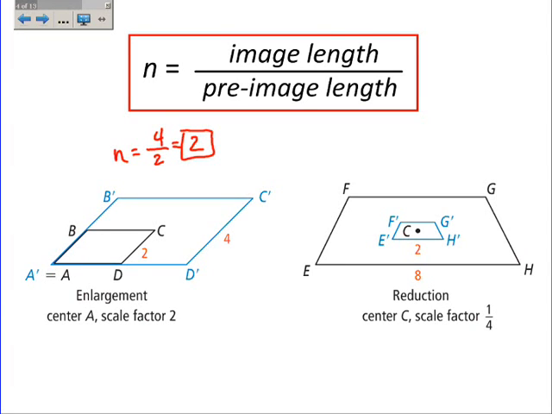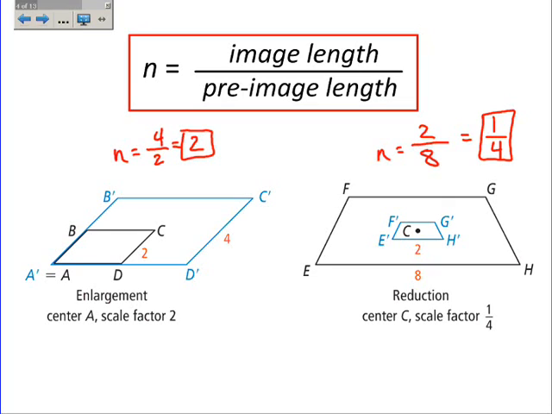In this one, again, the blue is the image and the black is the pre-image. So the scale factor is equal to the image length divided by the corresponding pre-image length, which is 2 over 8, and that simplifies to 1/4. So if you take the length in the pre-image, 8, and multiply by 1/4, you get the length in the image, which is 2.